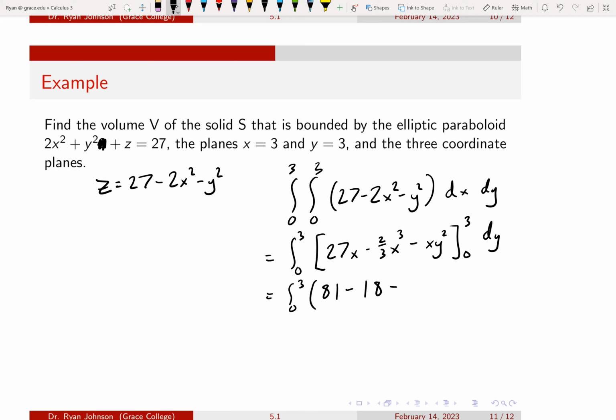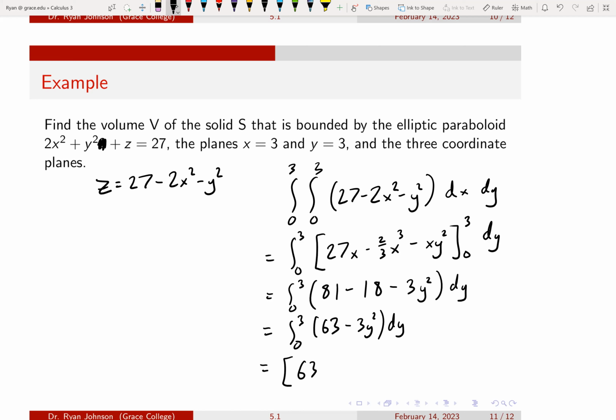And then minus 3y squared dy. Let's simplify that. 0 to 3, 81 minus 18. 81 minus 20 would be 61, so 63 minus 3y squared dy.